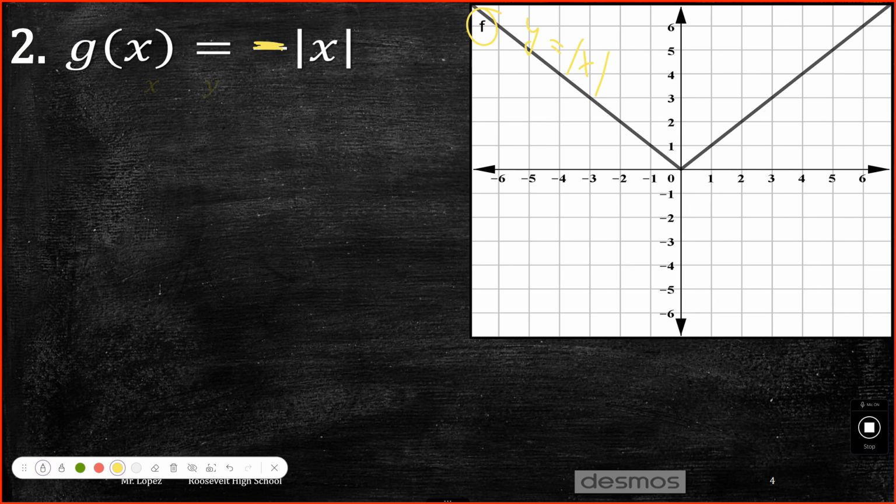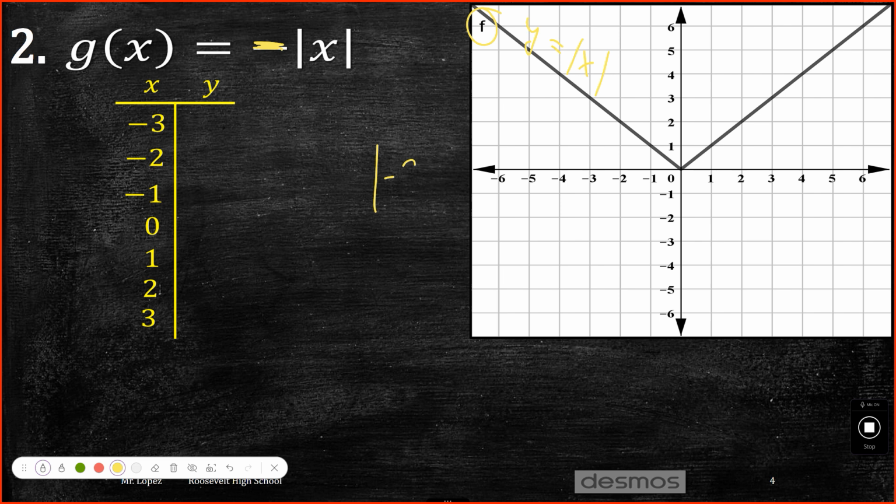Well, let's go ahead and do it. Do a table of values. If I plug in x is -3 here, and then I do have a minus here, goes back to order of operations. You will have to do this absolute value of -3 first. So absolute value of -3 is +3, and the minus comes down.